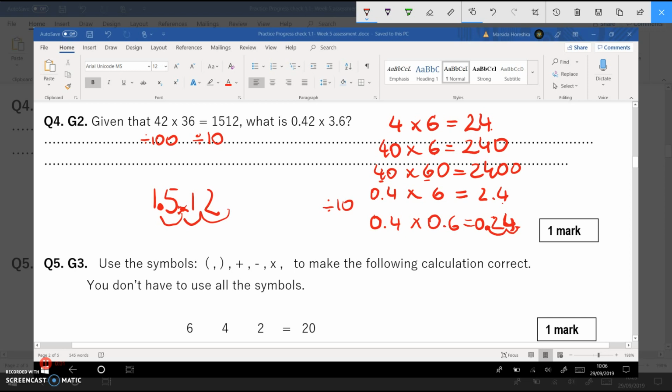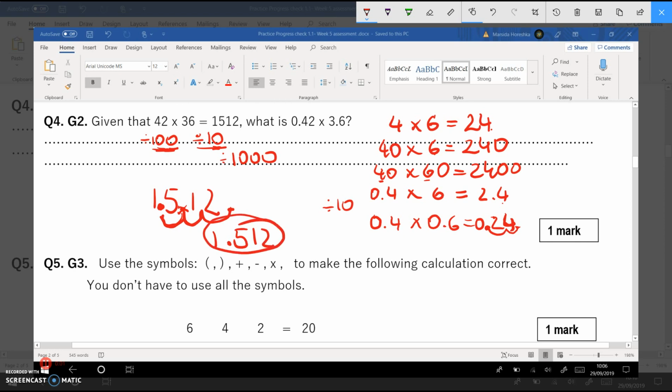So overall, since we divided one of the factors by 100 and the other factor by 10, we have divided the answer by 1000, which is a collection of these zeros, 2 in the first one and 1 in the other. So from 1512, we've gone 1, 2, 3 places to make the final answer 1.512.